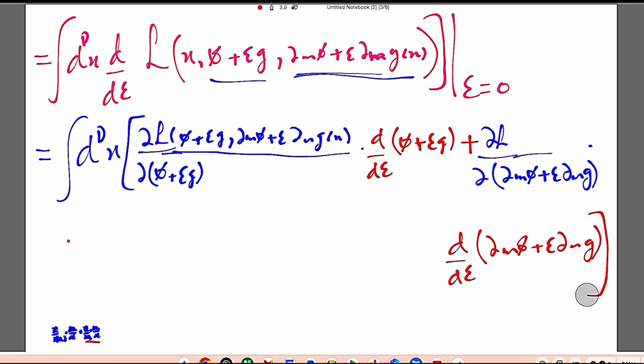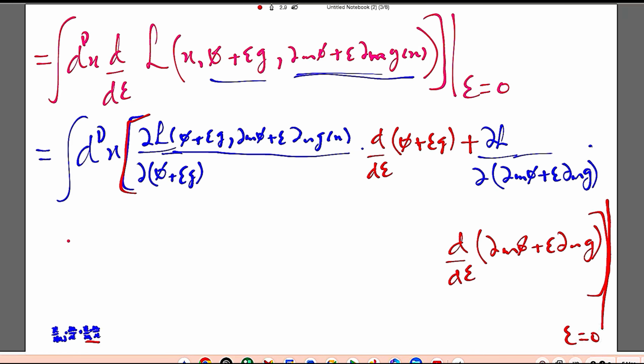Alright, the big bracket closes, and everything at e equals to 0. So here e equals to 0.